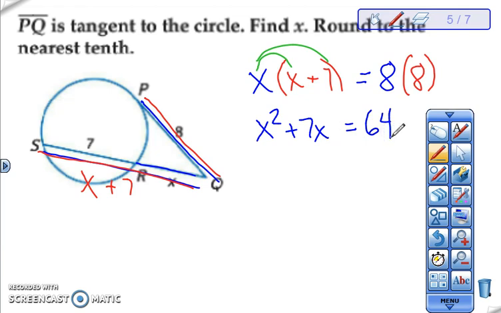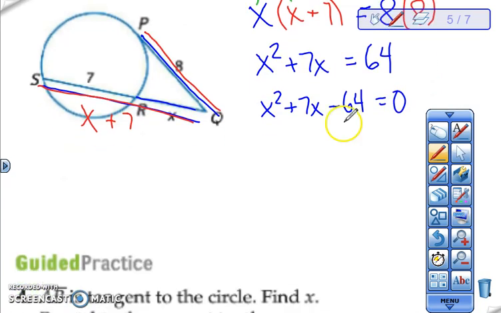So unfortunately, our x squared will not cancel out this time. So we're going to have to solve this like a quadratic, which means we need everything to be on the same side as the x squared. We also know that we need to attempt to factor this by looking at things that would multiply to make negative 64 and add to 7.